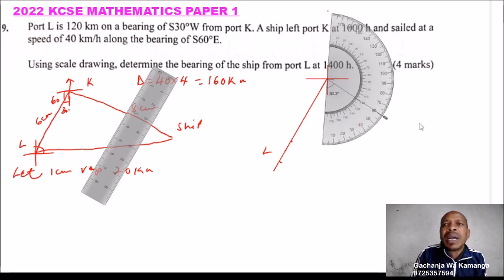We are told that from south to east, this angle is 60. So we measure an angle of 60.